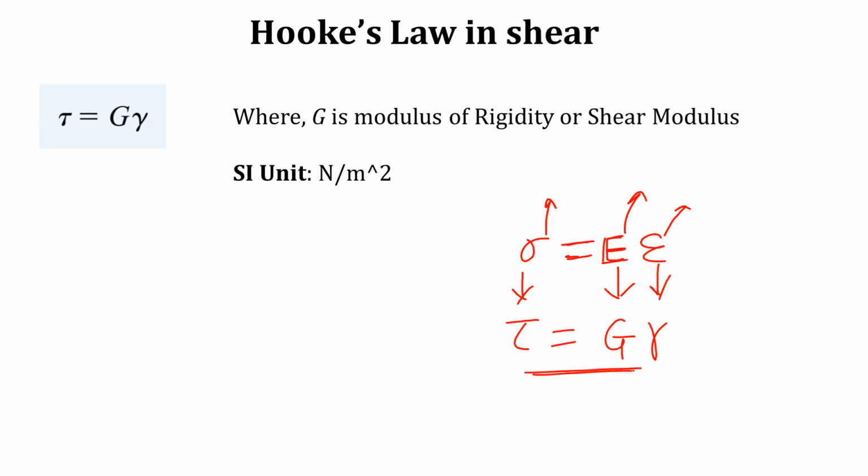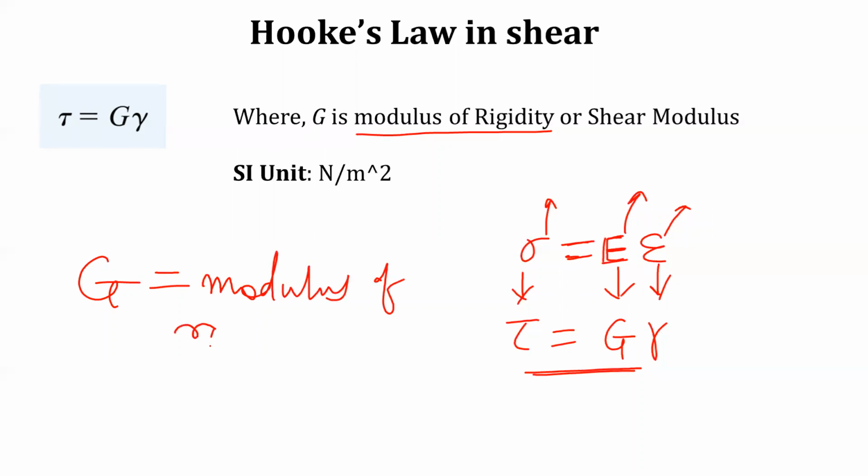Okay, and this G is called the modulus of rigidity, or it is simply called the shear modulus, and the SI unit of this is again Newton per meter square.